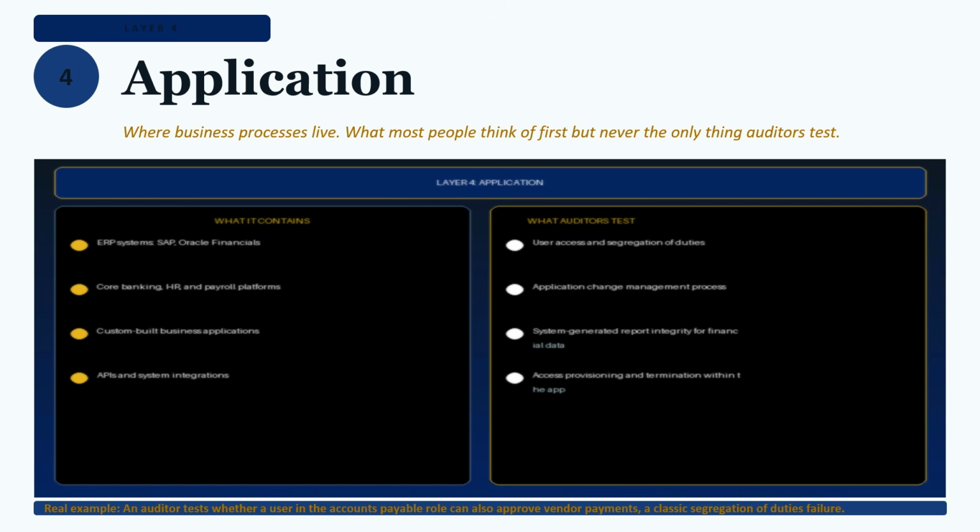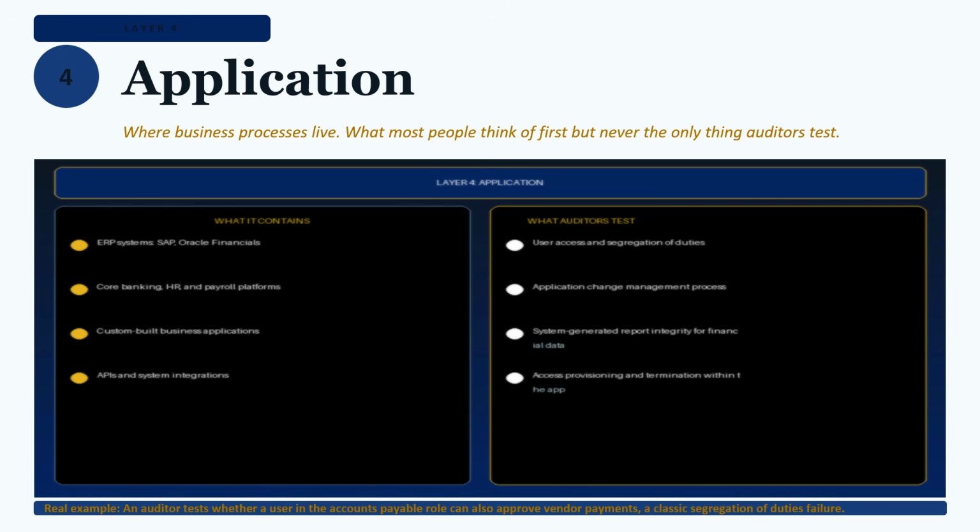So what do we test here as IT auditors? We test user access, we test segregation of duties within the application. That means making sure that a single user cannot perform a transaction from beginning to end. We are testing change management to make sure changes go through proper development, and that there's approval and testing before being deployed.